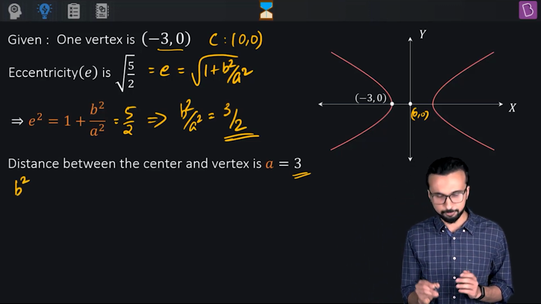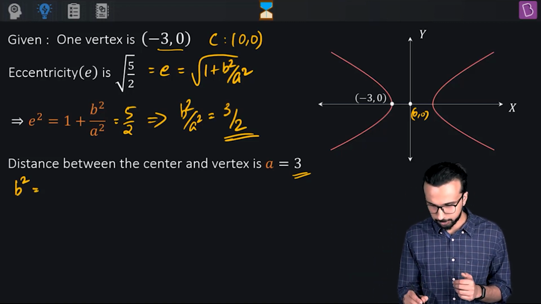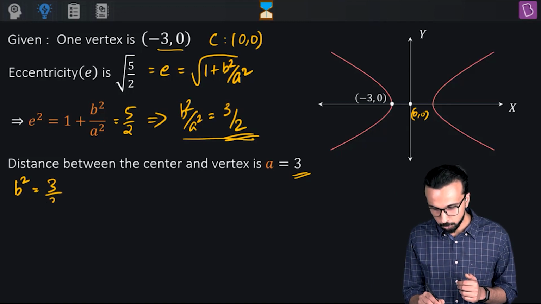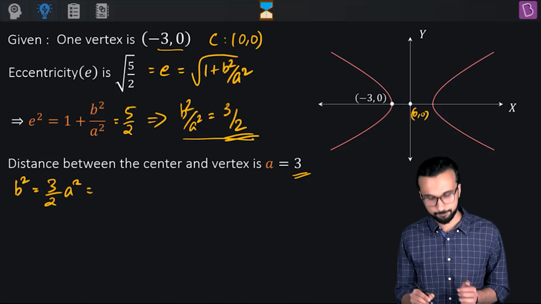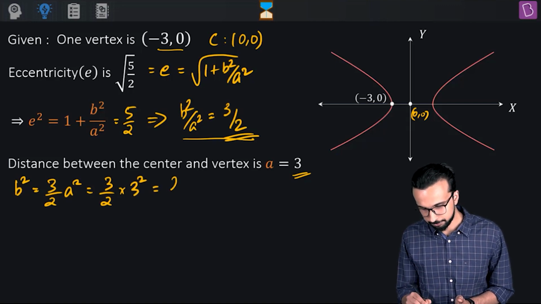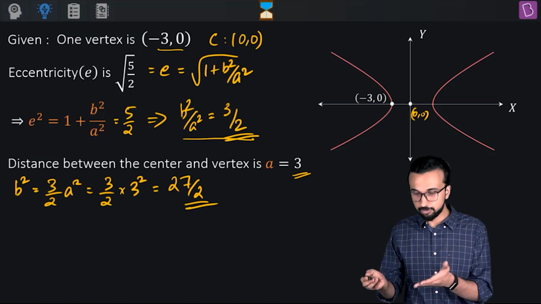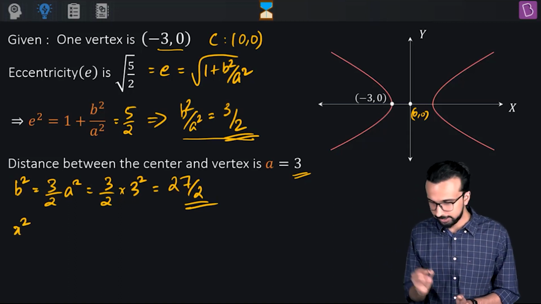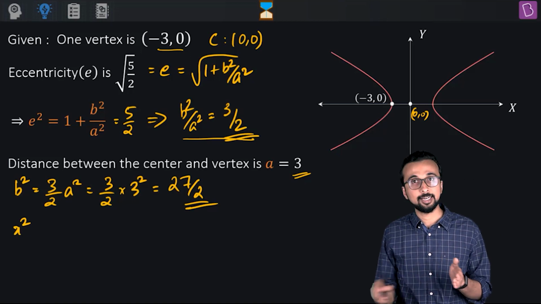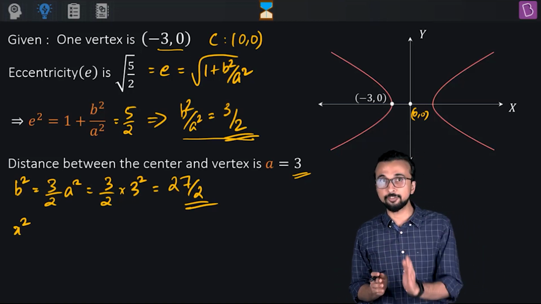Now, if I find the value of b, I'm sorted. So, let's look for b square here. b square is 3 by 2 into a square, which becomes 3 by 2 into 3 square. So b square can be written as 27 by 2. The transverse axis is along the x-axis and the conjugate axis is along the y-axis.